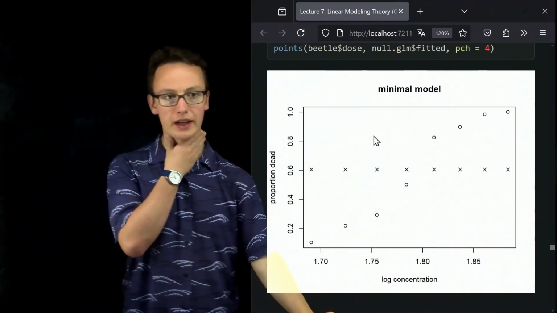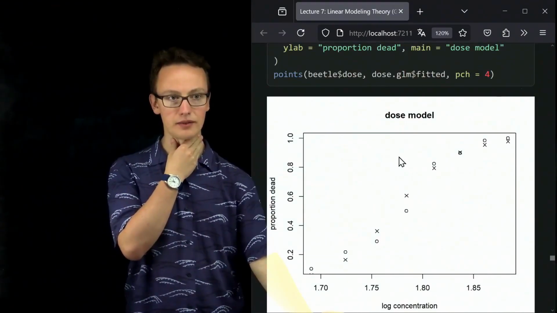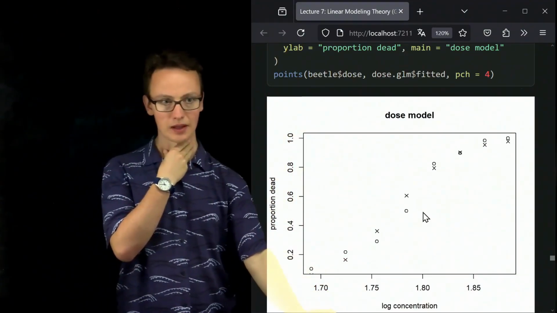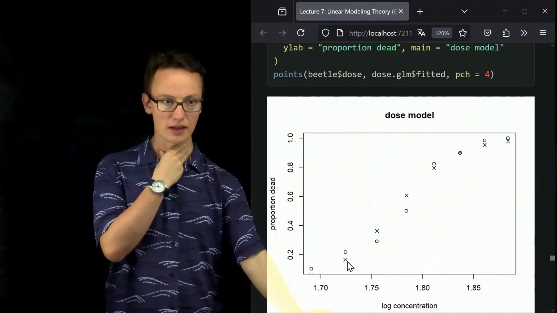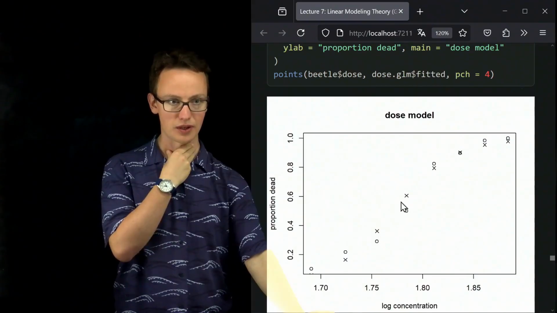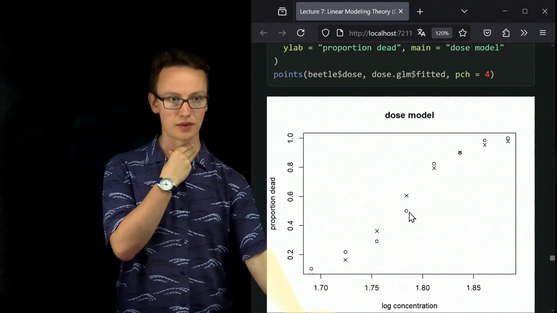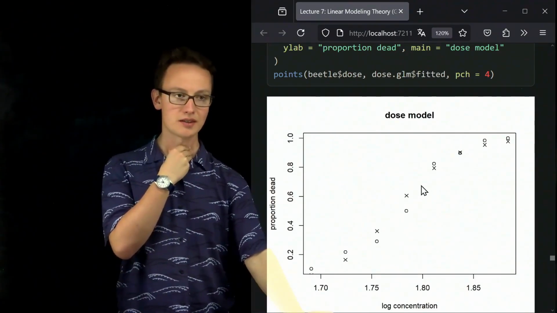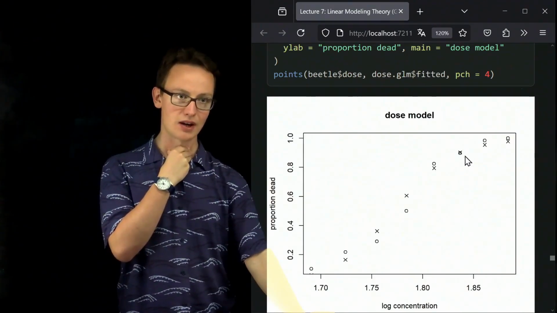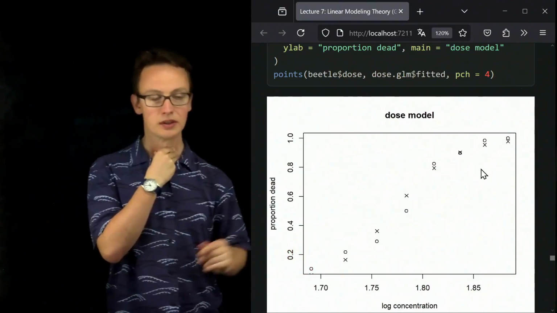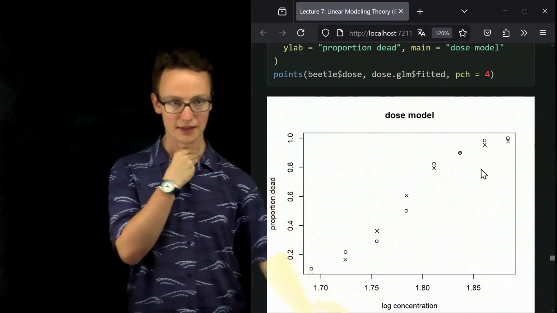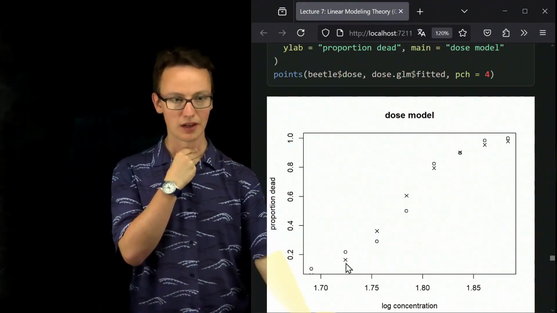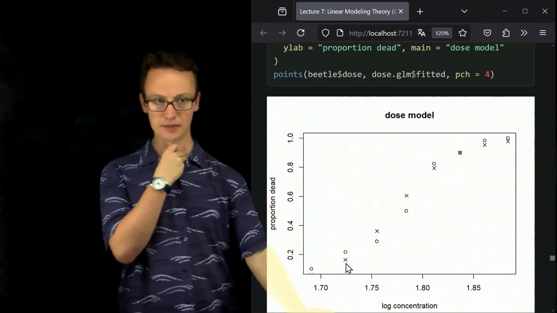Likewise, for the full model, we see this plot that we had seen at some earlier point in the lecture as well, where now we have these x's here, which are our predictions, and we have those circles, which are still our observed data. And now we see that these predictions are actually much better, much closer to the real data here, visualized as those aggregate proportions for particular values of the dose.